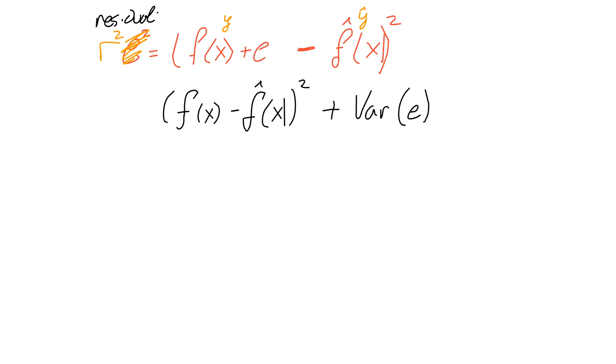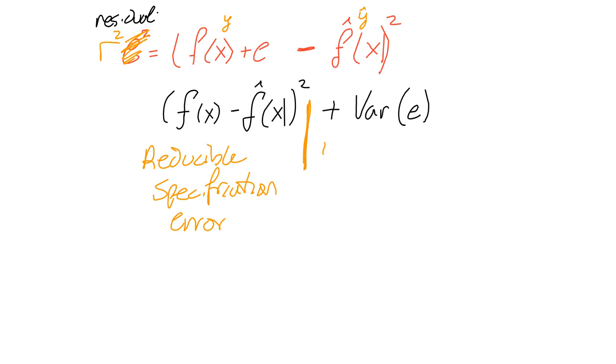So the reading will discuss this in that you have your kind of reducible specification error, and then you have the irreducible, sometimes called intrinsic error.